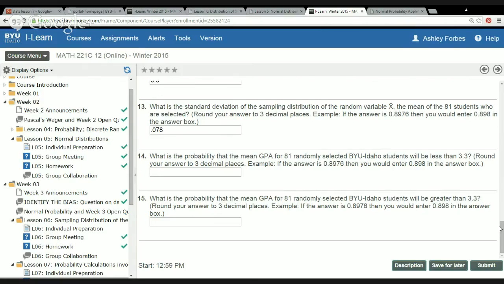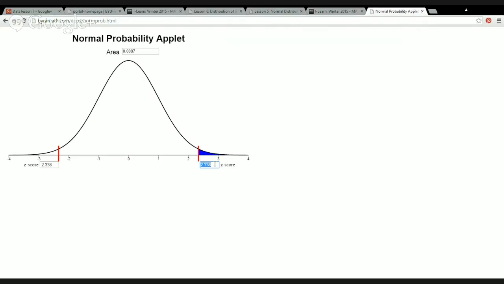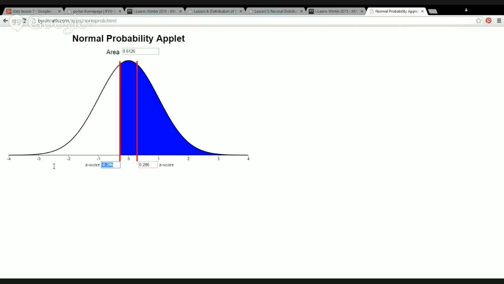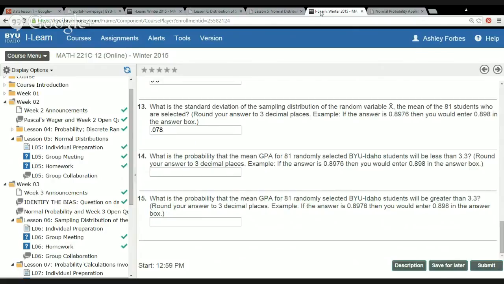So then we plug this into our applet. Negative 0.2857. And is it greater than, or what is it looking for? Yeah, greater than 3.3. Okay.